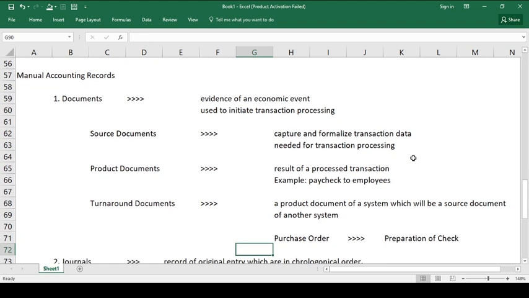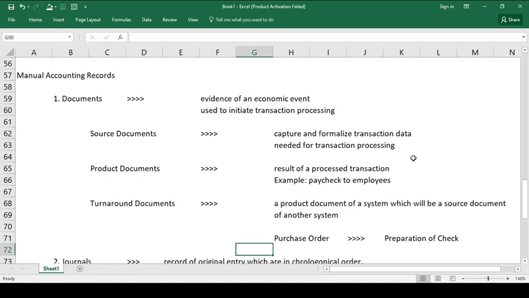A purchase order is prepared by the purchasing department after processing the requisition prepared by a particular department regarding those particular goods or materials. Before the purchase order was prepared, it undergoes a process. The purchase order is already a product document of a certain process.